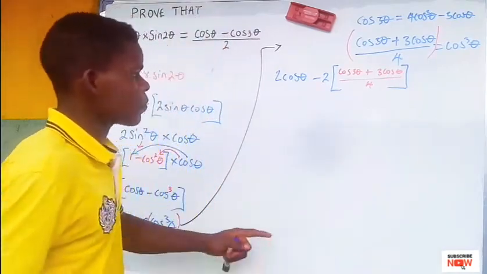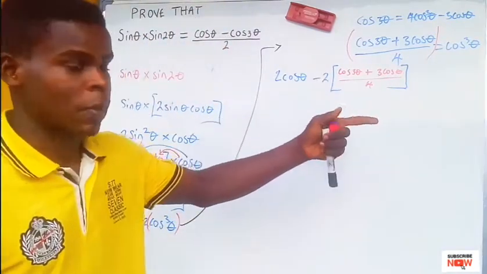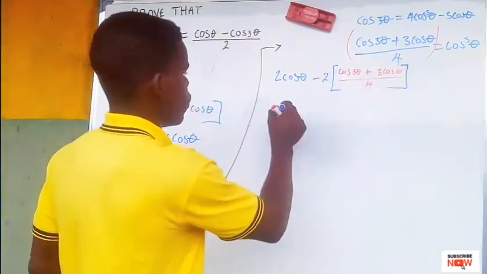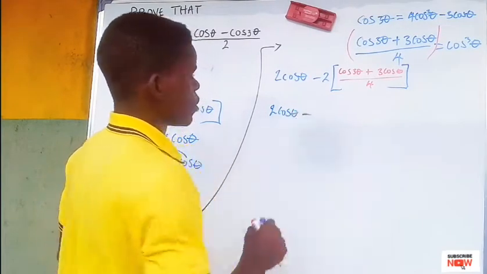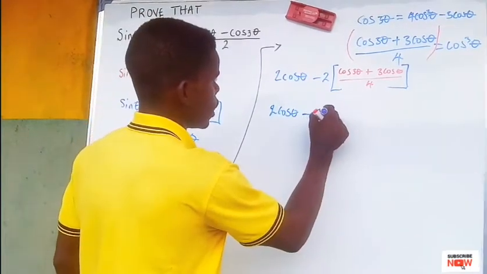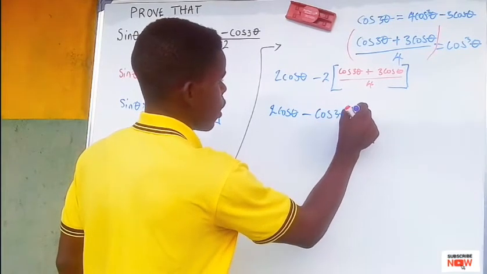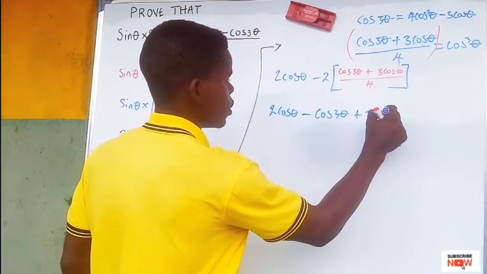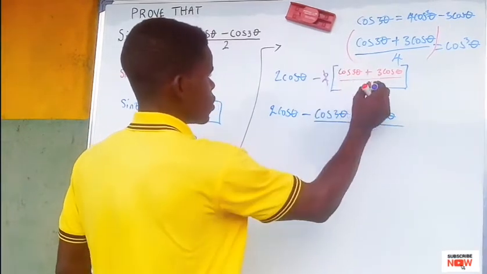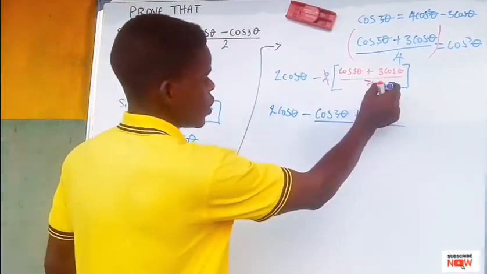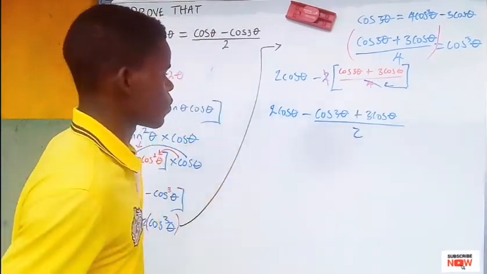All right, so we can multiply this. We have 2 cosine theta minus cosine 3 theta plus 3 cosine theta over, the 2 and the 4 cancel, so we are left with 2 here over 2.